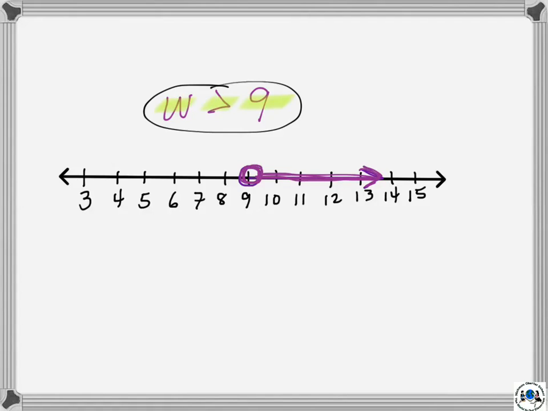While 9 is my starting point on the number line, it's not included in the solution, and the way I designate that is with an open circle.